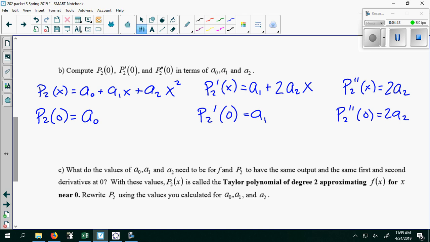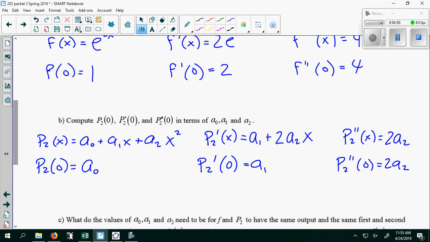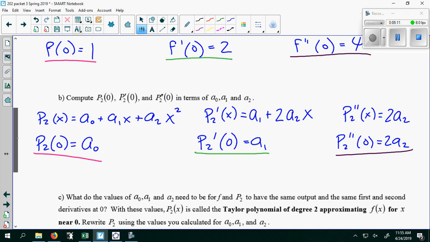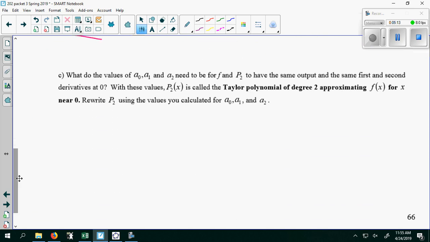So I need to set up some equations. I need f of 0 to equal p of 0. I need f prime of 0 to equal p prime of 0, and I need f double prime of 0 to equal p double prime of 0. So I'm going to set the pink equal to the pink, the green to the green, and the purple to the purple.